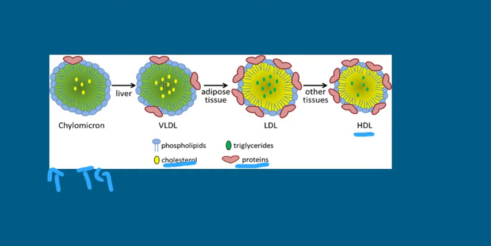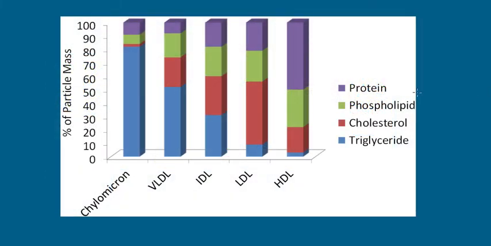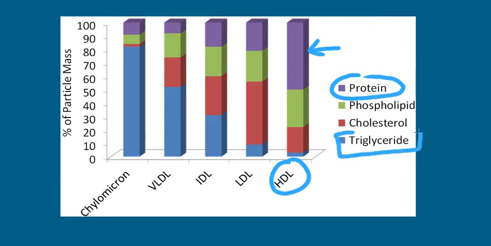ठीक हो गया? As far as the phospholipids are concerned, phospholipids are basically the periphery which makes up the molecule. So as you can see, यहाँ पे आप देखो, यहाँ पे proteins is shown in purple. ठीक है? So HDL has the highest amount of proteins, while triglycerides, ठीक है, make up most of the chylomicron.